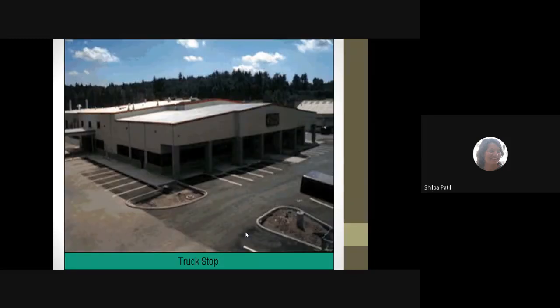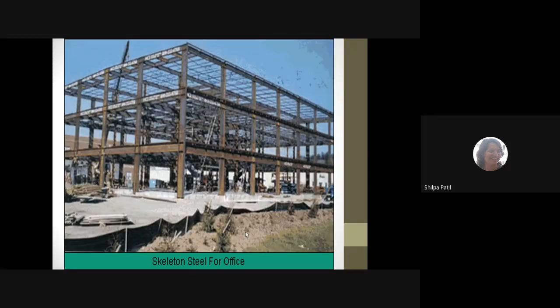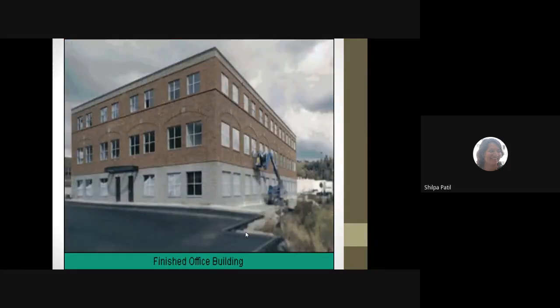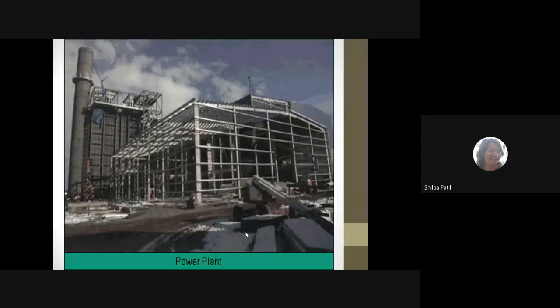So this is a truck shop. Then this is a light industrial structure. So this is the original skeleton. Then after erection, it is covered using another material like concrete or partition walls, and then the storage units, the power plants, different types of structures are used.